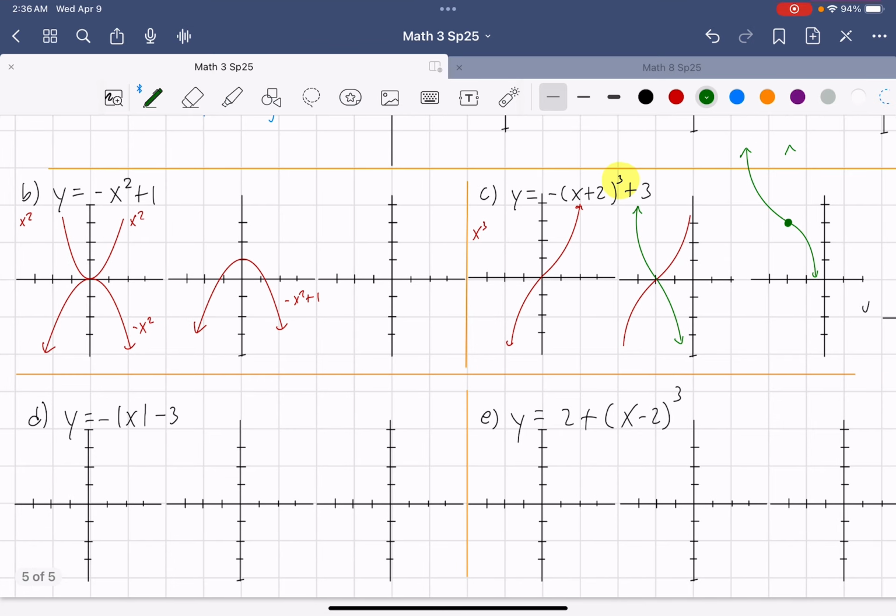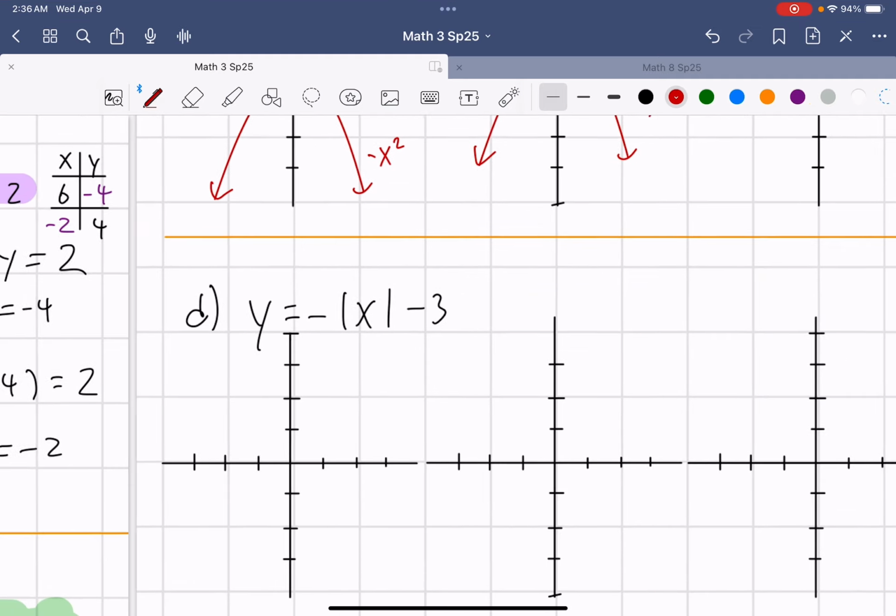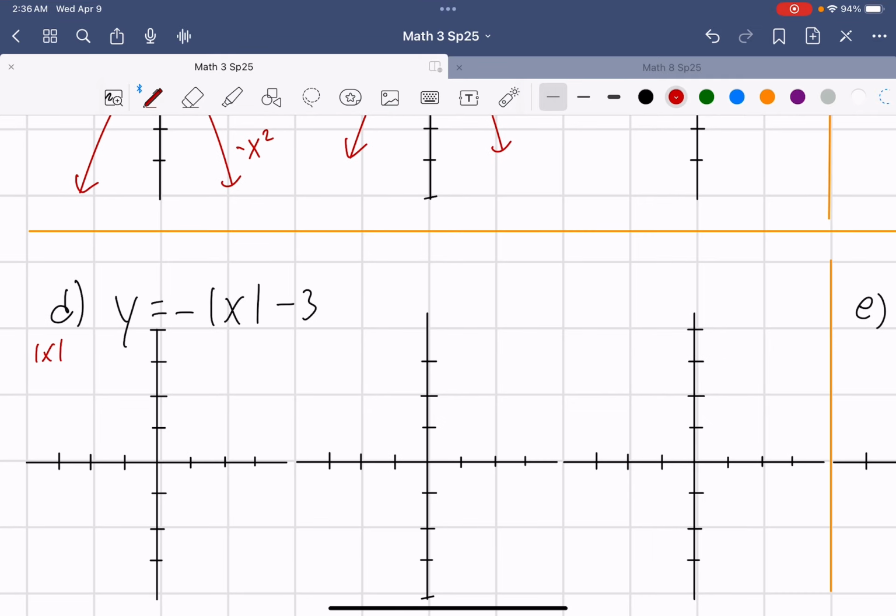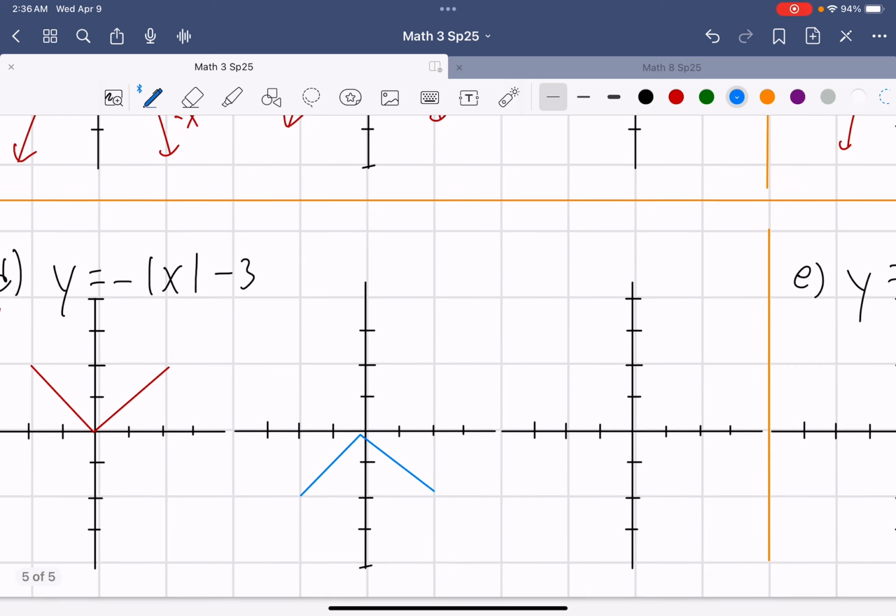Now we're going to go through this a little quicker. So again, we have the absolute value. We know that that one's going to be this way. We know the negative is going to reflect it. And you know the negative 3 is going to come down. It's going to come down 3.